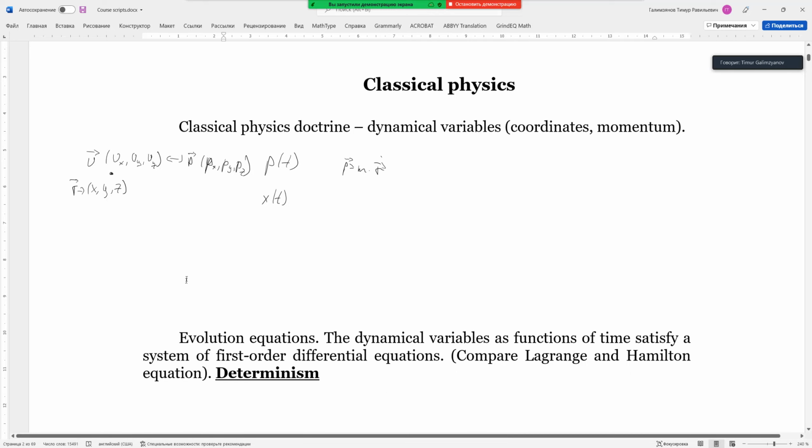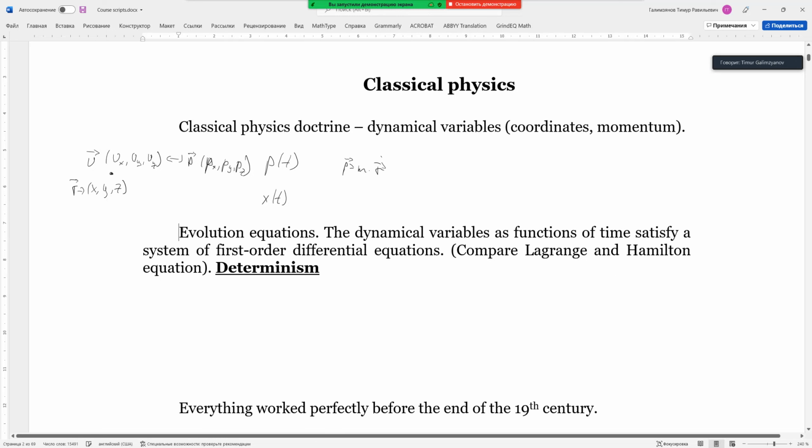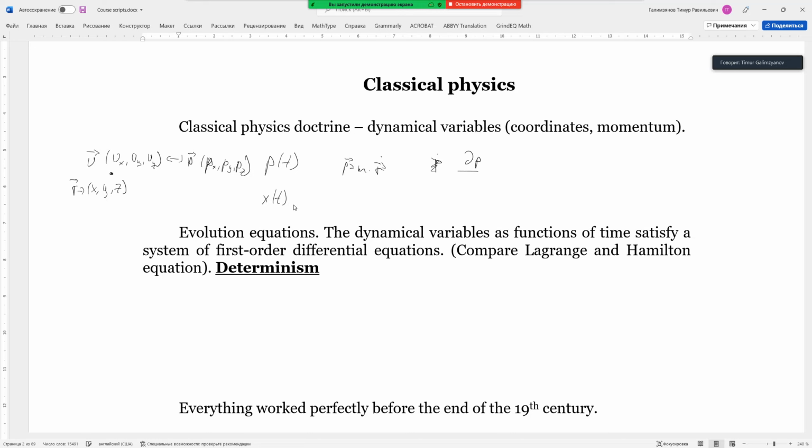The next important thing of classical mechanics is its evolution equations. They are so-called first-order differential equations. Mathematically, it means that the first derivative of the momentum equals the force, which depends on the 3 coordinates.